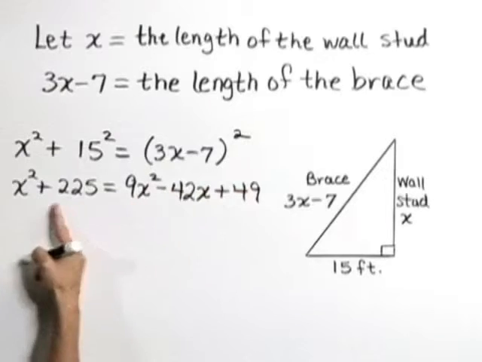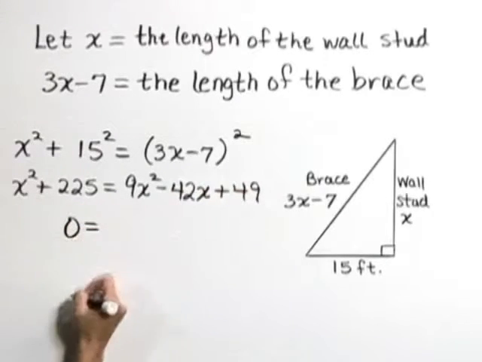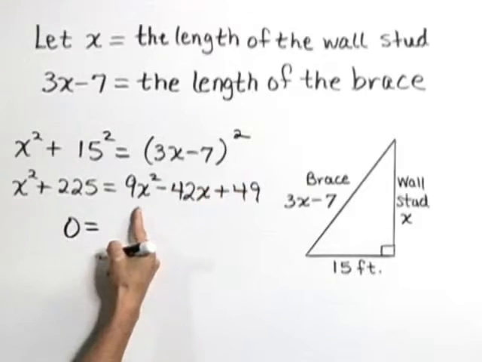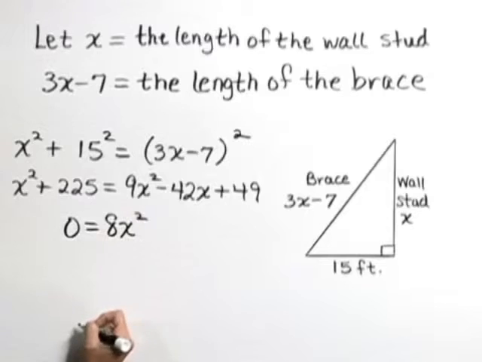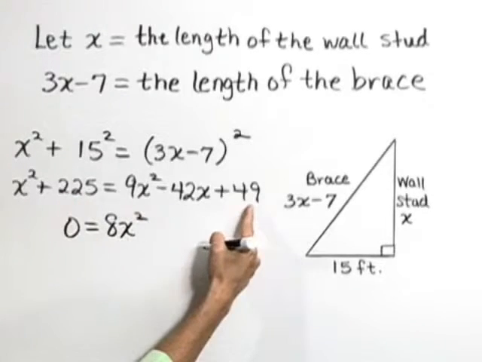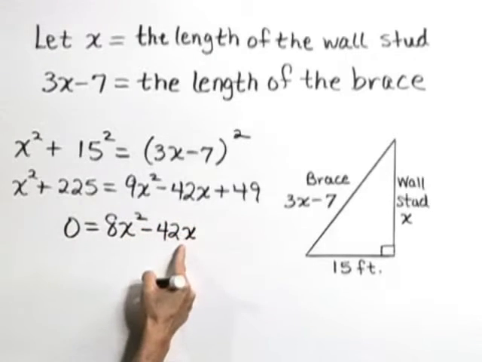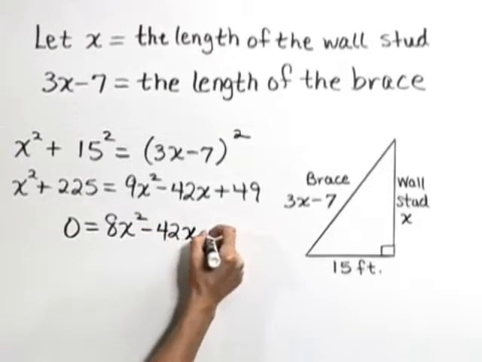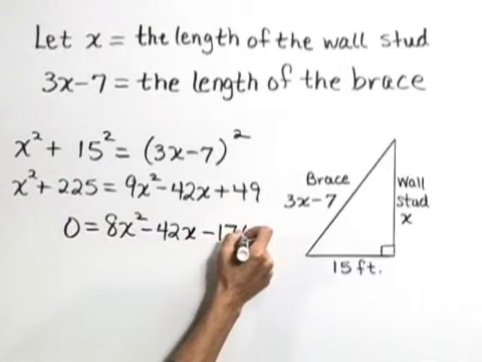Let's put it in standard form, moving all of our terms to the right so that we have that set equal to 0. Subtracting x squared from both sides, we get an 8x squared on the right. Subtracting that 225 from both sides, we'll have, don't forget your minus 42x, and then a 49 minus 225 is a negative 176.